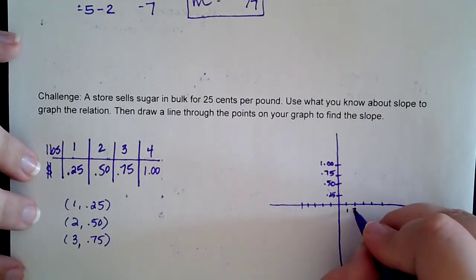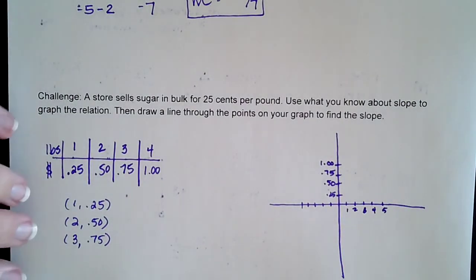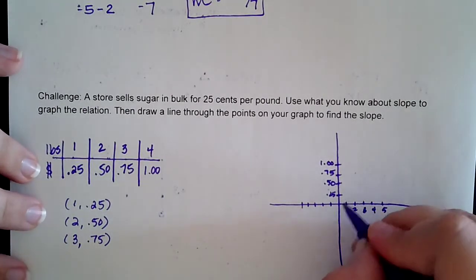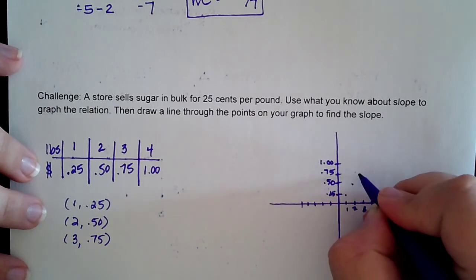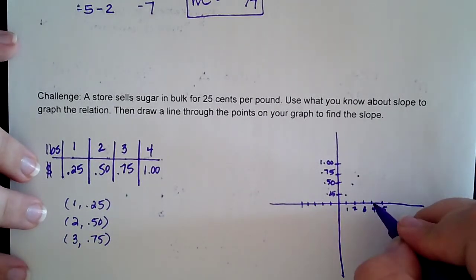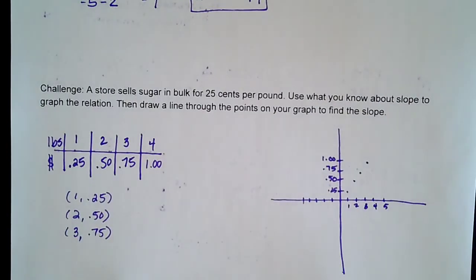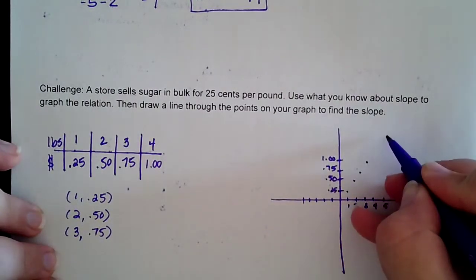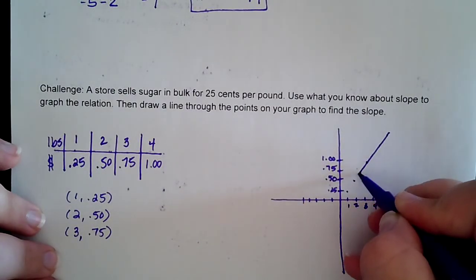And then 1 pound, 2 pound, 3 pound, 4, 5, and etc. So as I'm graphing this, 1 at 0.25, 2 at 50, 3 at 75, you're going to notice this pattern. And it's going to be a linear pattern, as I've mentioned. So if I draw my line through here, it's kind of hard to see the points when I do this.